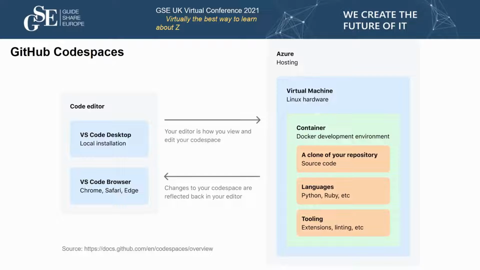What's great about this is it contains a clone of your source code, so you can access it even with your VS Code desktop or through the browser. And you can set up your container to contain not just your repository, but other extensions that you want to use with that repository. So it's specific to your project.